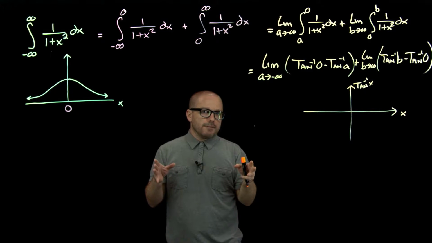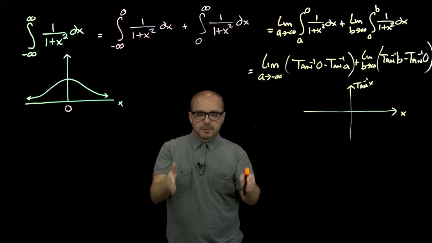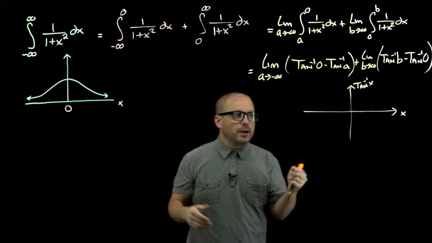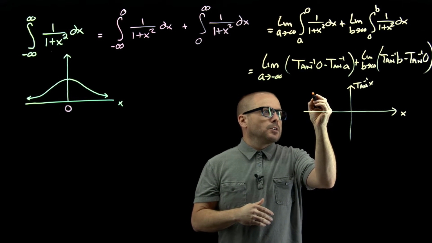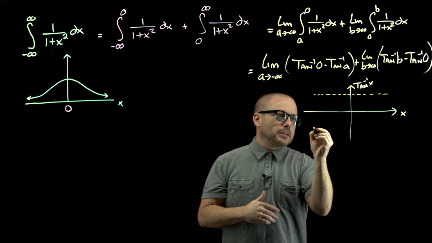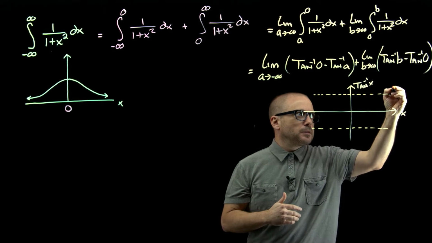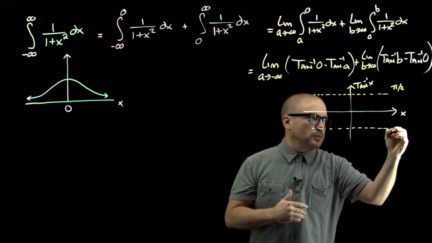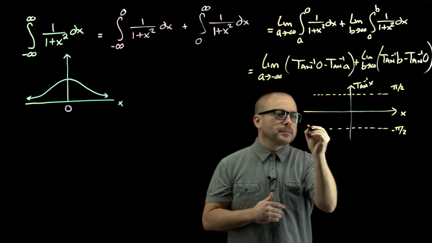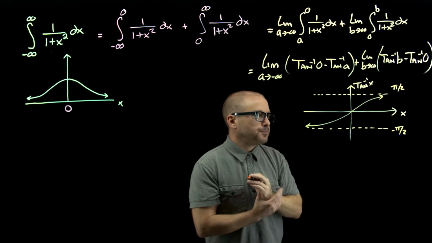To invert it, we made it invertible by taking only that one segment in the middle, from negative pi over 2 to pi over 2. So when we invert it, those vertical asymptotes become horizontal asymptotes, pi over 2 and negative pi over 2. Tan inverse looks like that.